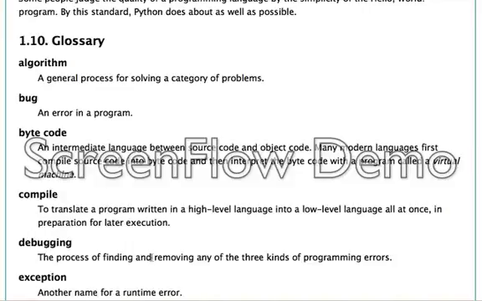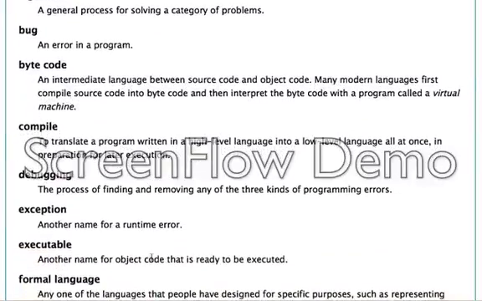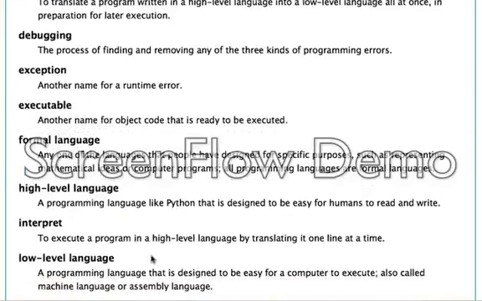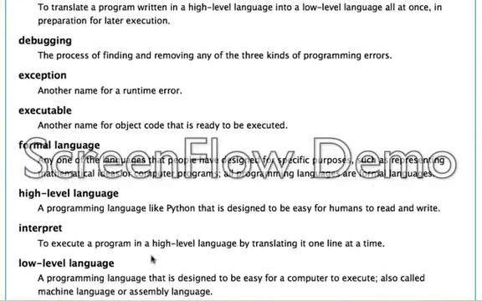Many modern languages first compile source code into bytecode and then interpret the bytecode with a program called a virtual machine. Compile: to translate a program written in a high-level language into a low-level language all at once in preparation for later execution. Debugging: the process of finding and removing any of the three kinds of programming errors.